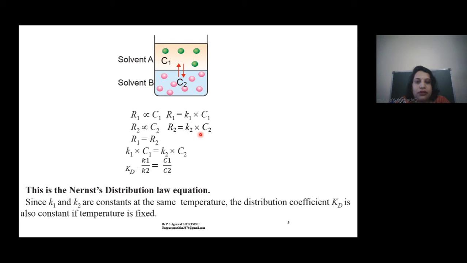That means K1 C1 equals K2 C2, which changes to this form. This K1 upon K2, a proportionality constant, comes to the new constant Kd. We call it the distribution law. So this is the Nernst distribution equation.